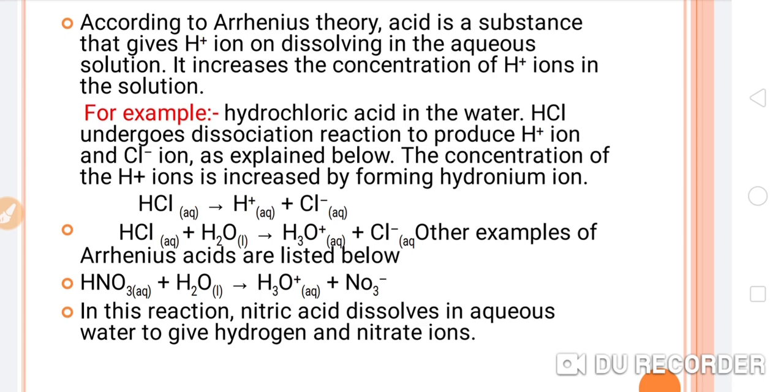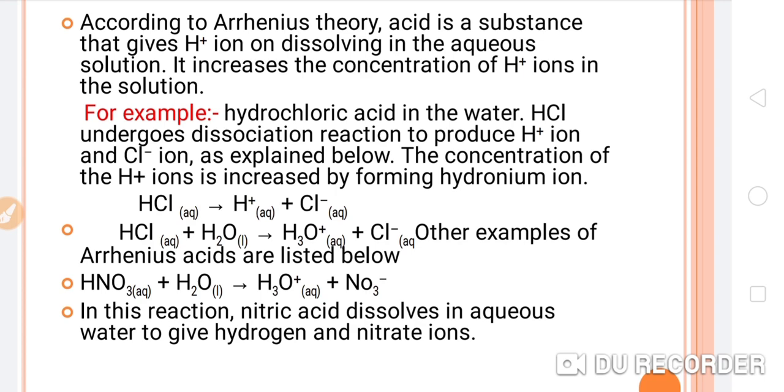In this equation we can see HCl dissolved inside the water and converted into H+ and Cl- ions. You can also write this equation as HCl when dissolved in water gives hydronium ion and chloride ion.